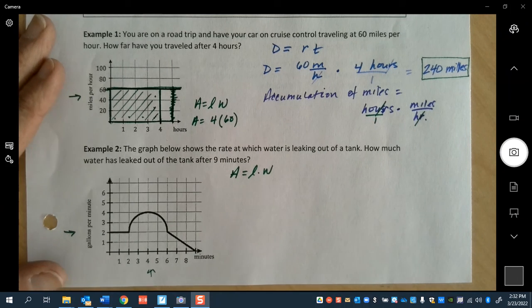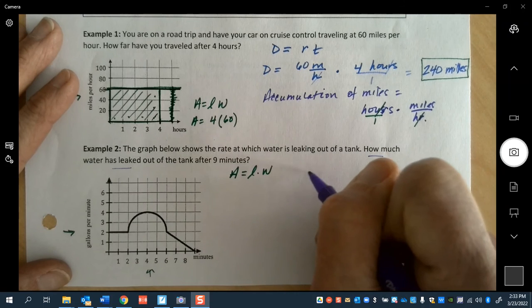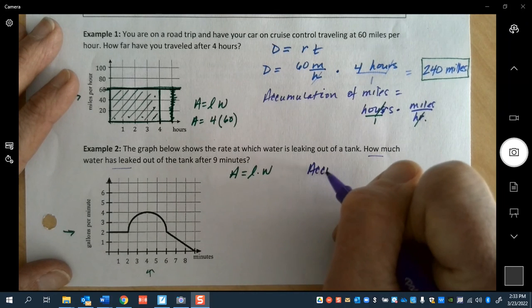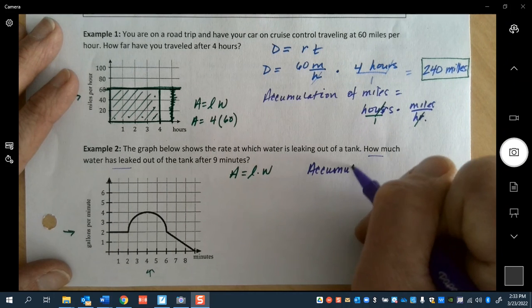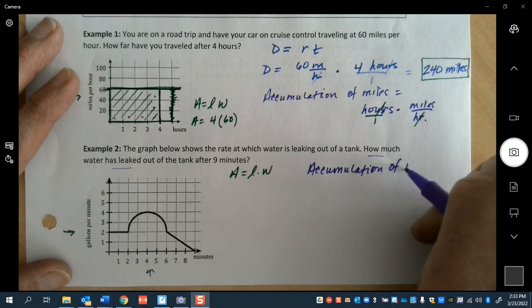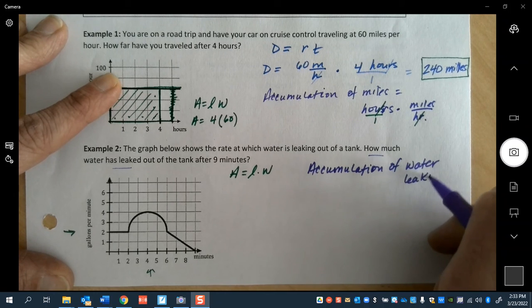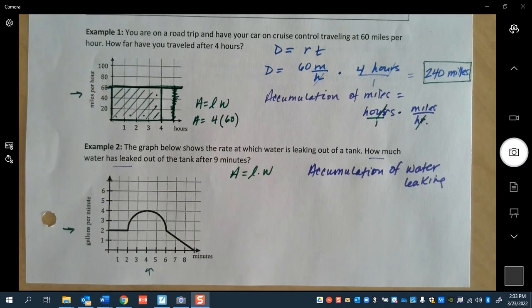But when we talk about how much water is leaking out of the tank, we're looking for our accumulation of the water leaking.